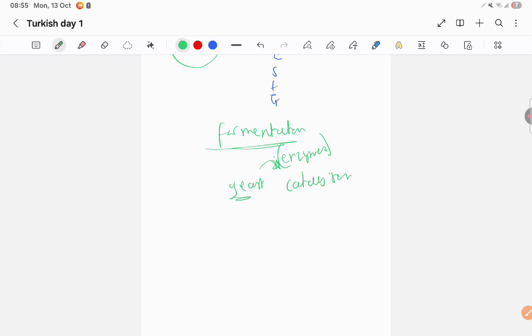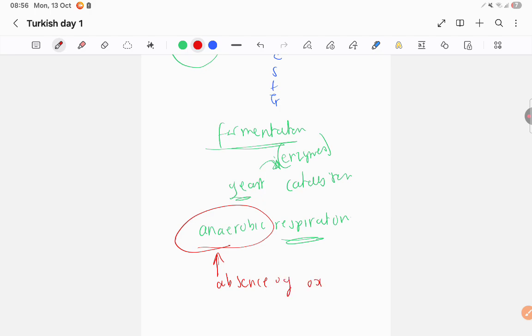And what's happening is what we call anaerobic respiration, which basically means respiration in the absence of oxygen. So anaerobic respiration is what's happening in the process.